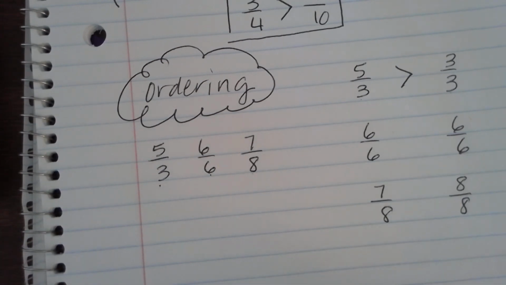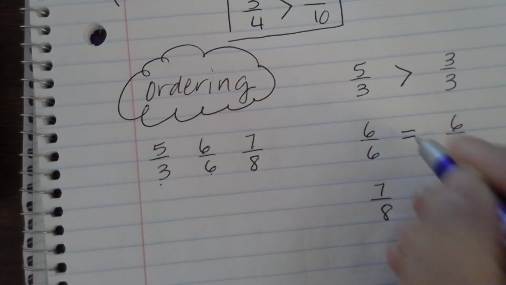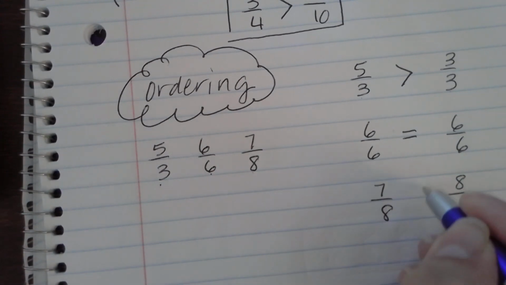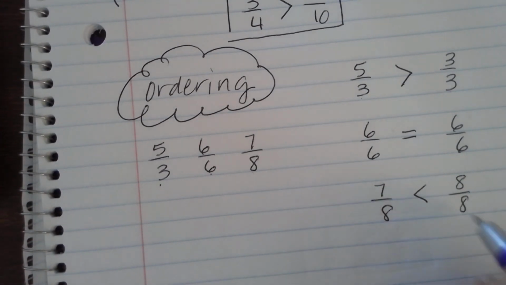They are what, McKinley? They're equal. This one is exactly 1 whole. Now 7/8 is less than 8/8, right? Just barely though. So when I've compared them now, I need to decide which of these 3 is the smallest.